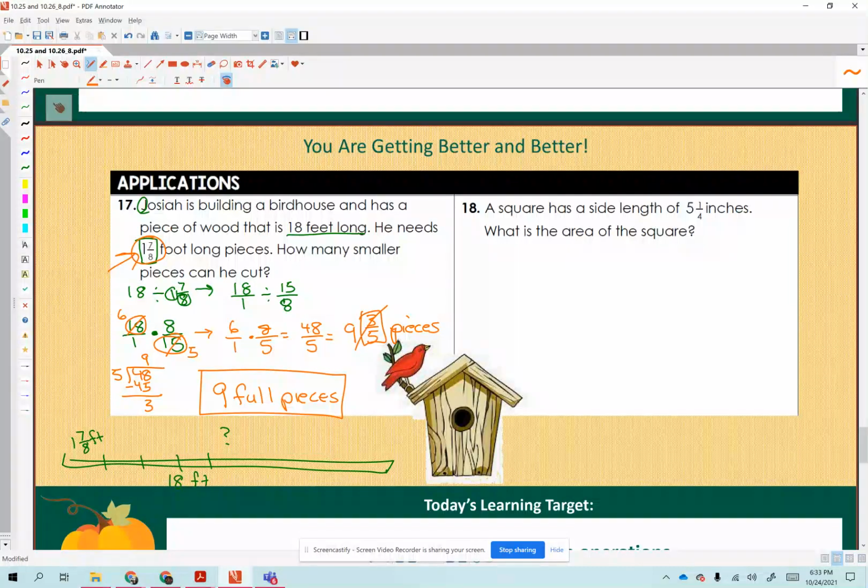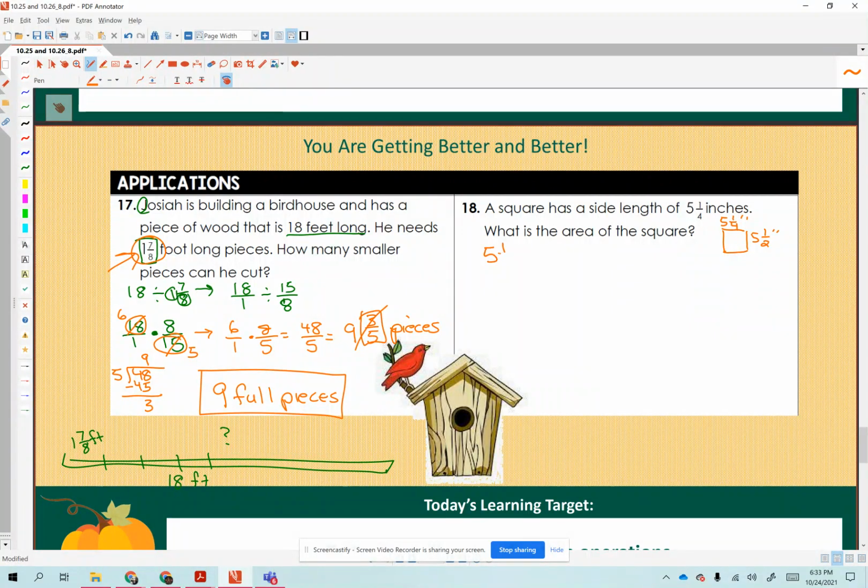So let's look at number 18. A square has a side length of 5 1/4 inches. What is the area of the square? So if we think of the square, each side is 5 1/4 inches. And that's the symbol for inches right there. So we're going to find the area, we multiply 2 sides in this case.